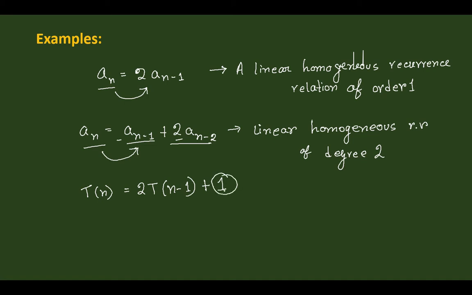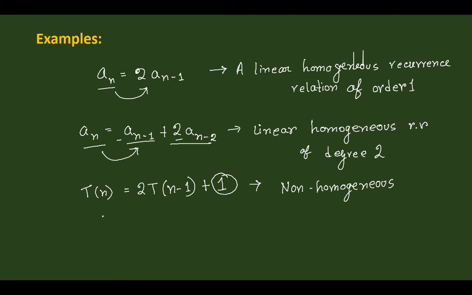So for this term here we can see that this term is not in terms of any term of the sequence. So this type of sequence are not regarded as homogeneous sequence. This type of sequences are regarded as non-homogeneous sequences, which will be covered later. First, we will see some examples on homogeneous linear recurrence relations.